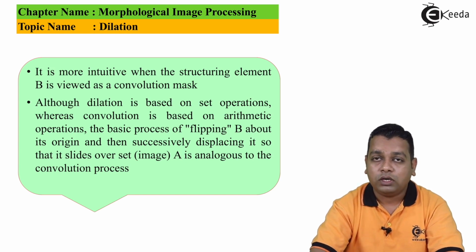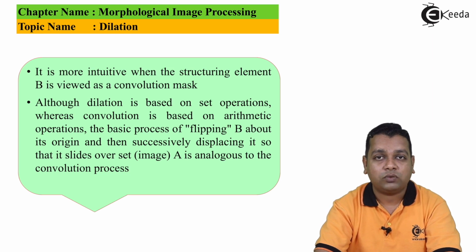So the two different platforms, we can first of all say the basic process of having flipping capital B about its origin and then successively displacing it so that it slides over the set which is actually the input as image, we represent it by capital A, is analogous to the convolution process.